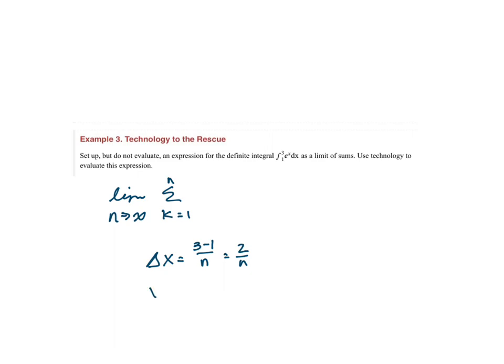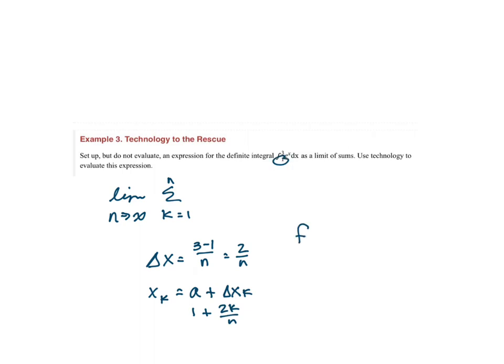What is my x sub k? Okay, starting with a. Remember, it's a plus delta x k. So 1 plus 2k over n, where a is 1 from that integral.